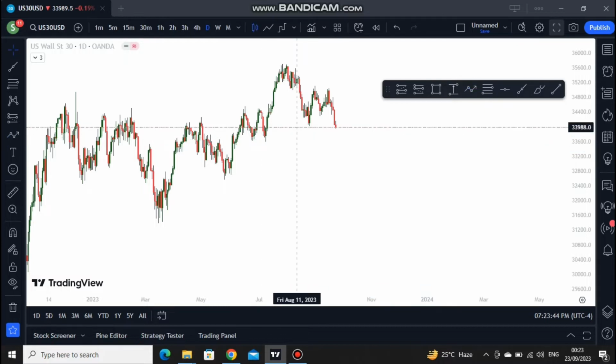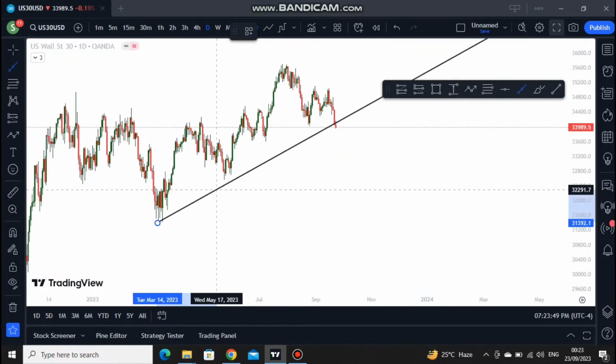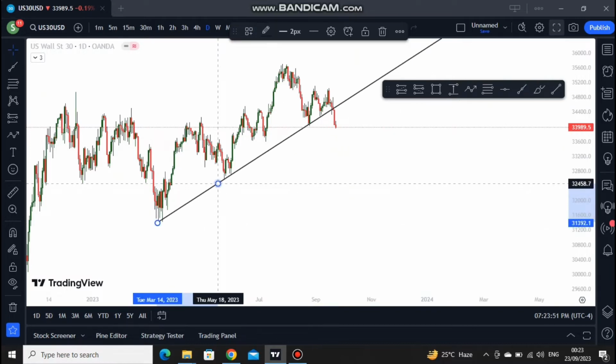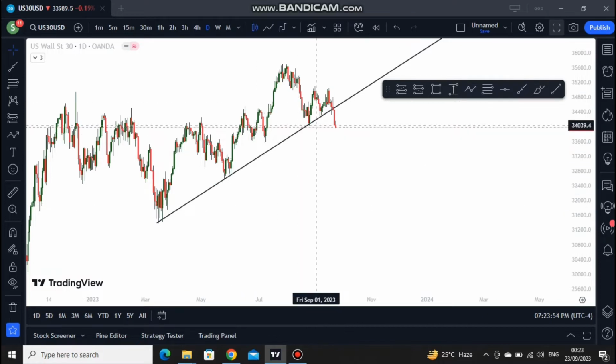Now the next thing we're going to do is, if you are drawing trend lines, you can get your trend line drawn from this area. And take a look at this, guys. This is a trend line breakout. Take a look at this trend line break to the downside on the daily time frame. So you should be expecting more drop to the downside.